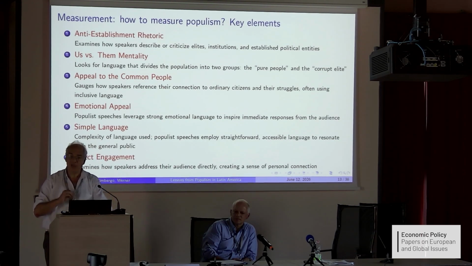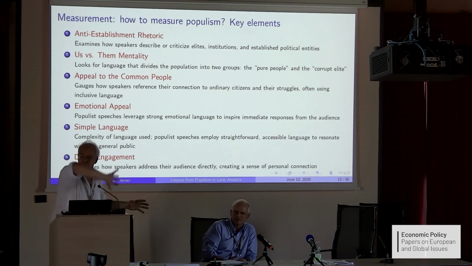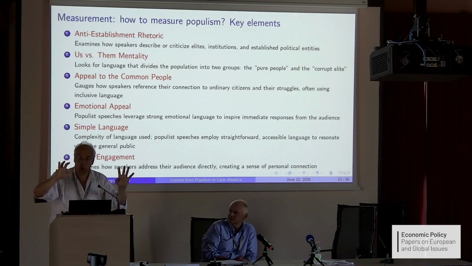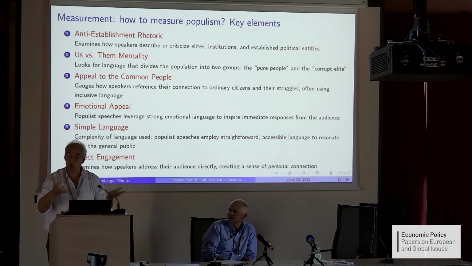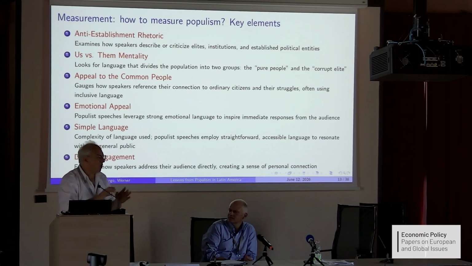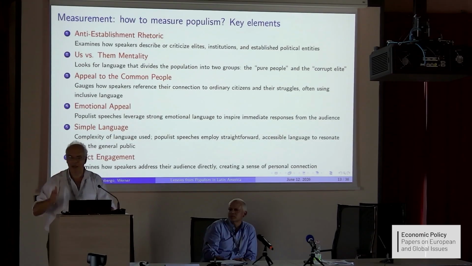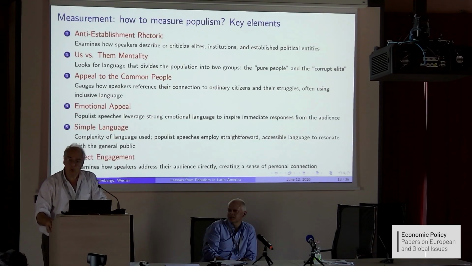They look at anti-establishment rhetoric, so the people against the elite; the us-versus-them, dualistic view of society, which is crucial; no checks and balances; and appeal to common people, so very emotional talk to the people. So no nuances, no central bank independence, no other things. The people decide, with simple language, an emotional approach, and direct engagement.